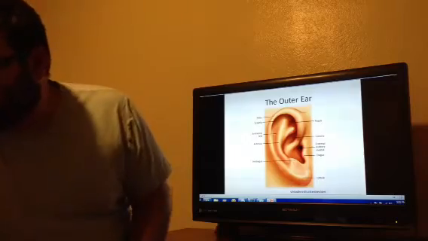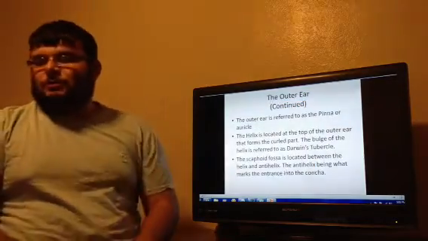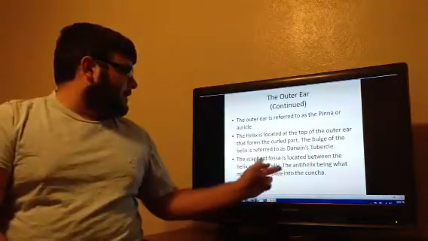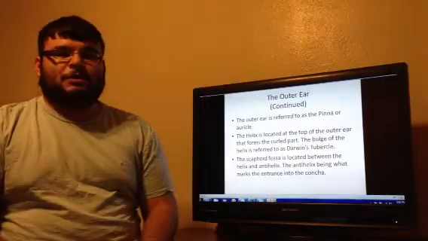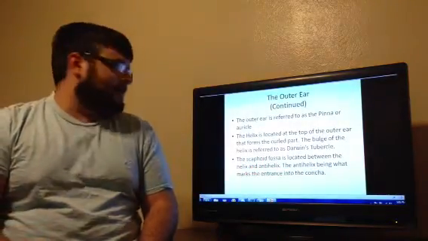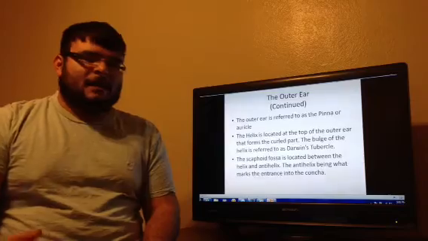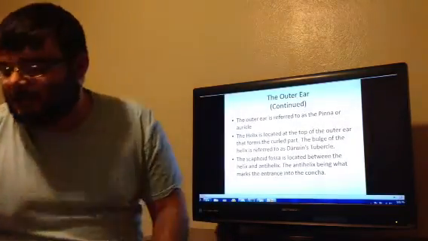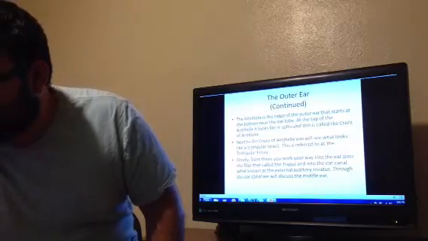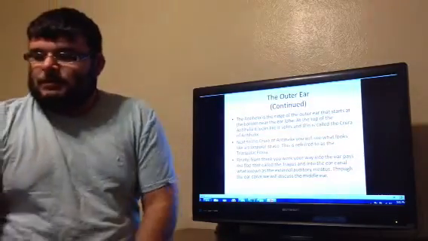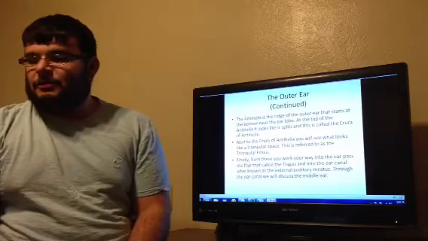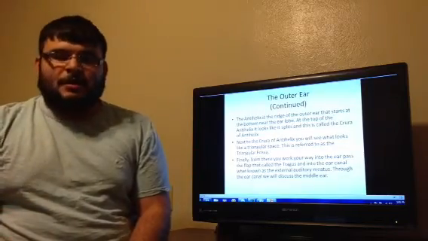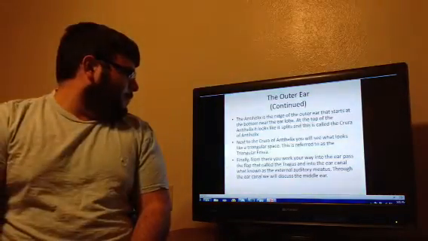That would be known as Darwin's tubercle. And the scaphoid fossa, as I explained, is located between the helix and the antihelix. And the antihelix is what really marks the entrance into the concha. This is some more information on the outer ear that I just covered, just a basic read through.